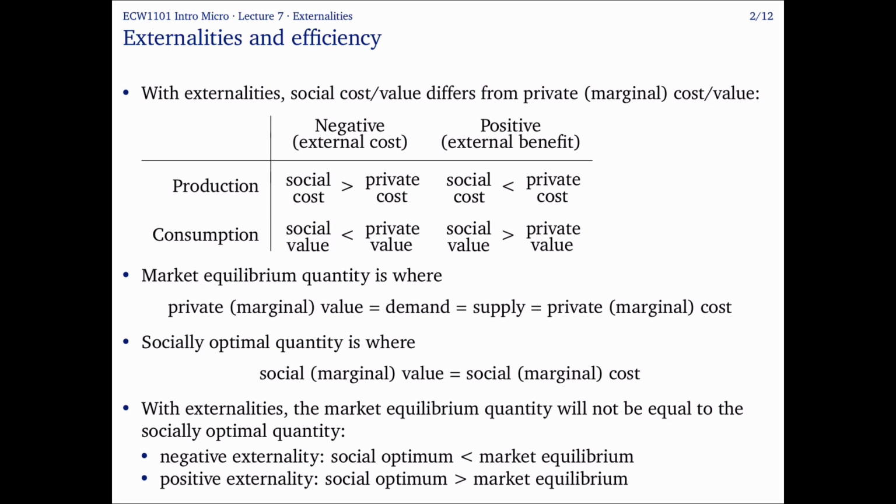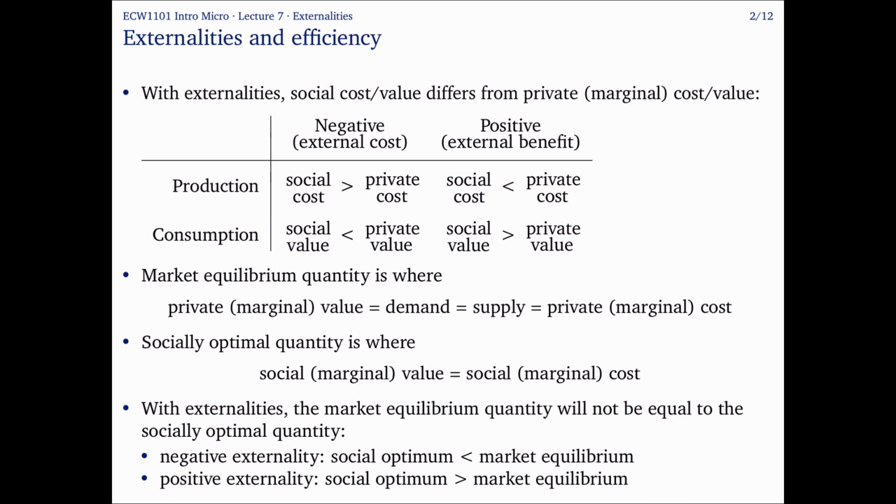But now that there are external benefits and costs, the outcome for society as a whole is made worse by these private decisions, okay? Compared to what it could be if the quantity was chosen in such a way as to maximize the sum of social value and minimize the social costs.